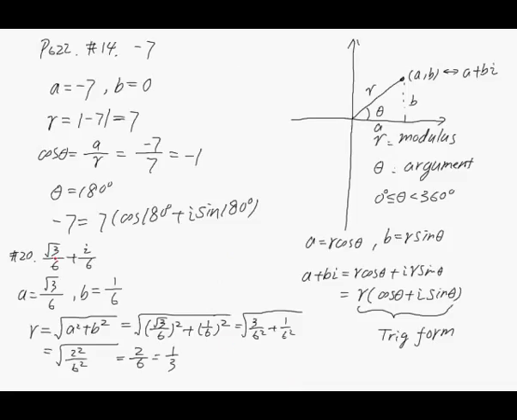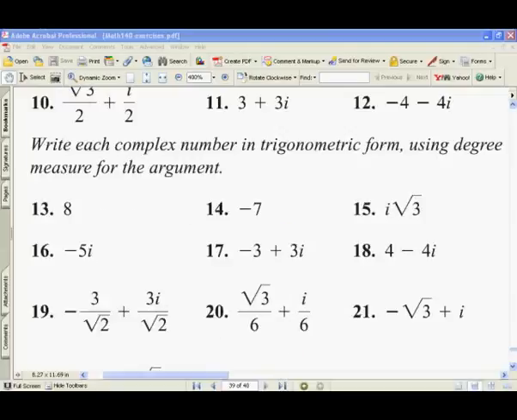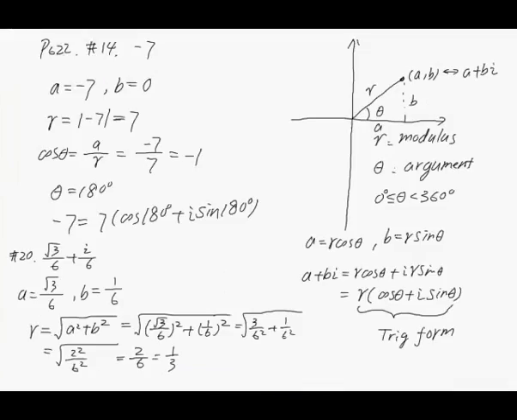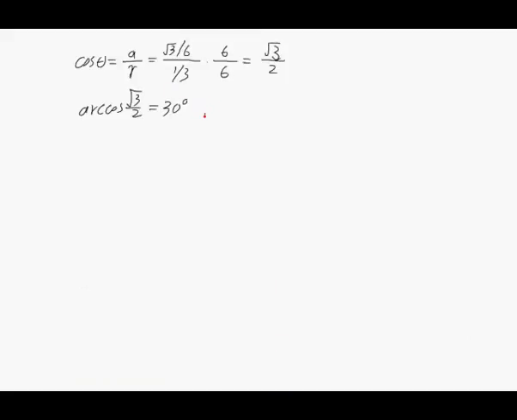The complex number is the root of 3 over 6 plus 1 over 6 times I. So the point is in quadrant 1. So theta must be an acute angle, right? So now, actually, this one, theta is just equal to 30 degrees.